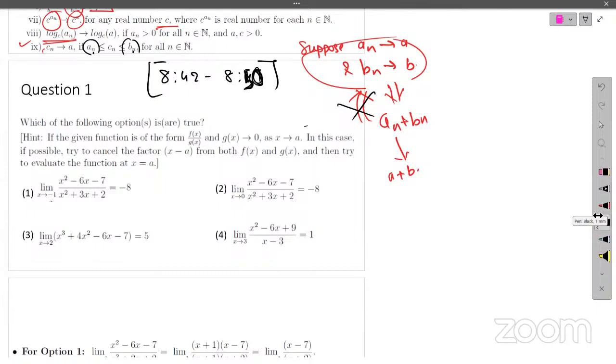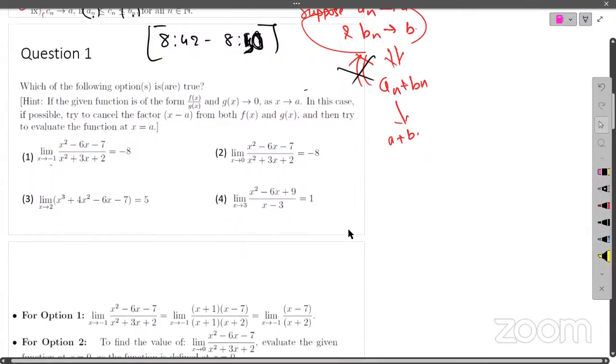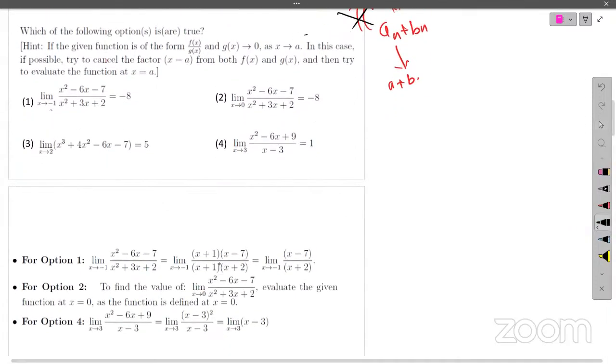Okay, so let's try to solve this question. I have some answers here. In the first option, if you factor out this quadratic polynomial over the numerator and denominator, we get these two factors, right? So here we want the multiplication to be -7 and the addition to be -6.